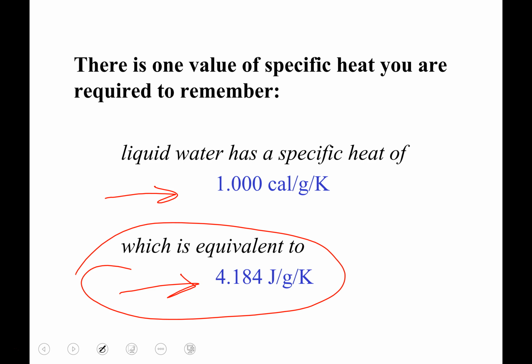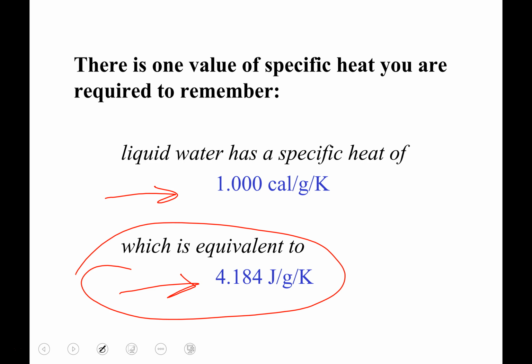Oh, and does this make sense too? Remember Friday when we talked about energy units? We said there's this exact relationship between joules and calories, and lowercase calorie, remember, is the thermodynamic calorie. We said 1 calorie is exactly equal to 4.184 joules. Good deal, so memorize those.